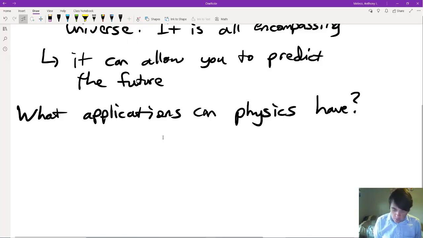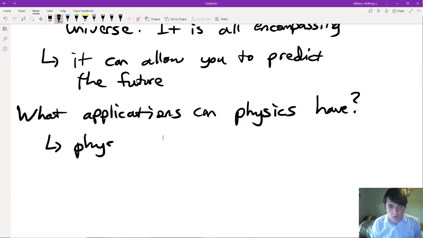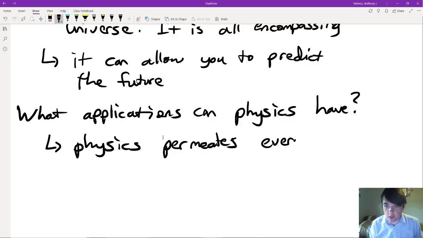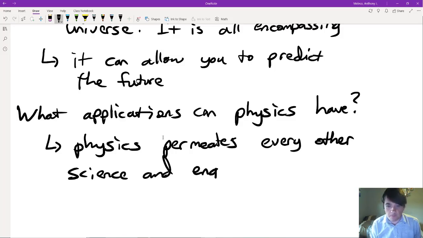What good is it? Okay, well, to that I say, physics, no matter what you're studying, whatever scientific field or tech you're looking at, physics permeates kind of everything. So it permeates every other science and engineering discipline.